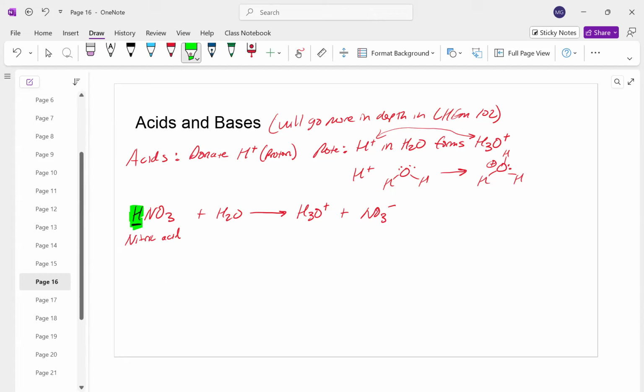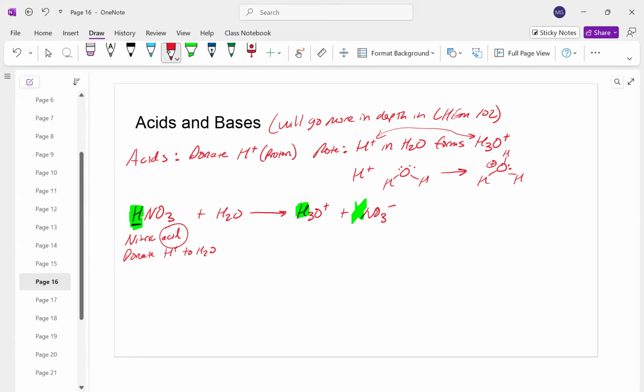That hydrogen is no longer attached to the nitrate. It was donated to water. So nitric acid donated an H+ to water, which makes it an acid. Because now it's over here.